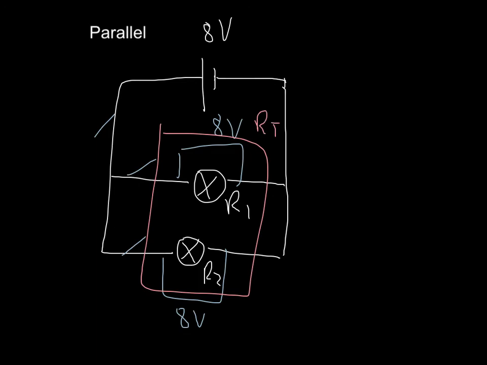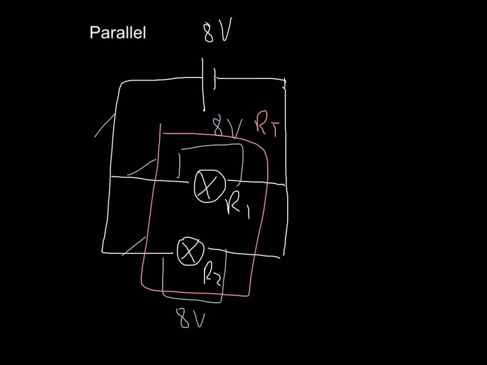And this time things are not so easy, because you can't just add them up. The reason is that when I put resistances like this, I'm giving electrons more ways to travel around the circuit. So I'm actually making it easier for them and not harder to go around. So what I should expect is that the total resistance is less than either of those.